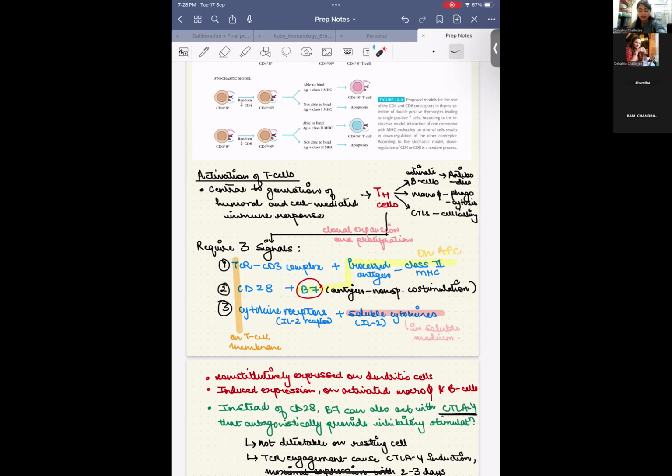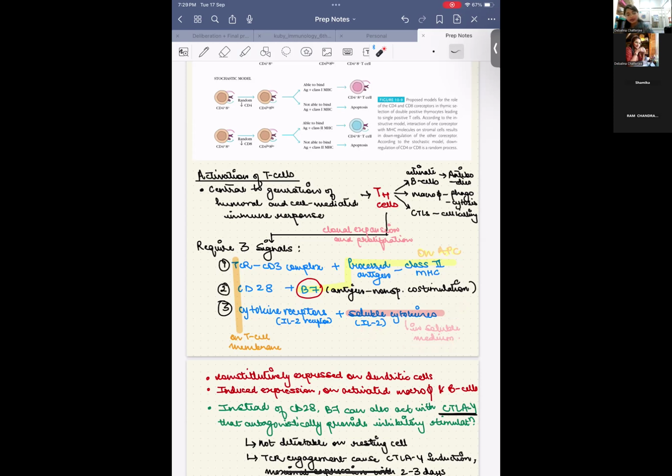The third signal, and the most important signal, though it's nothing like most important because in the absence of any of these signals, the cell fails to get into clonal expansion, right? The cytokine receptor, IL-2 receptor, that we have been seeing on the T cells throughout the developmental process, on the T cell membrane needs to get a chance of binding to your cytokine IL-2, which is present in your soluble medium.